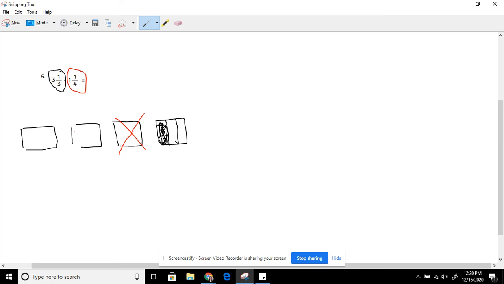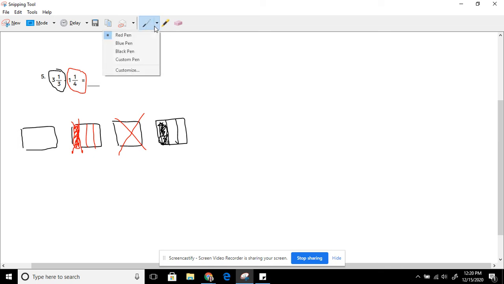We're going to use another whole and break it up into fourths: 1, 2, 3, 4. And we're going to shade in 1. So it's 1/4, and we're going to take that 1/4 away. Now this shows that we've taken one whole away and 1/4 away.